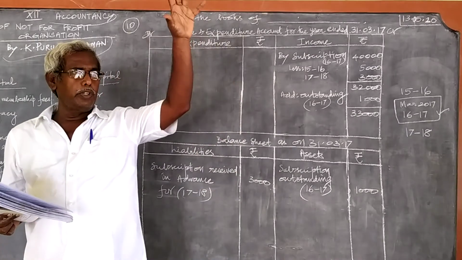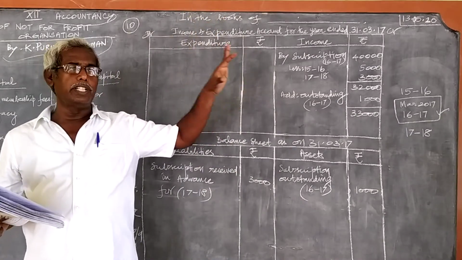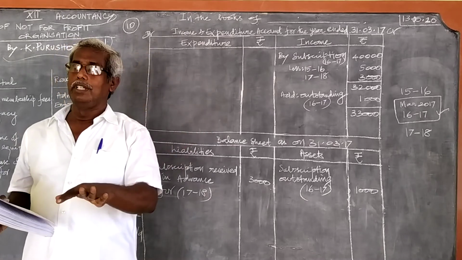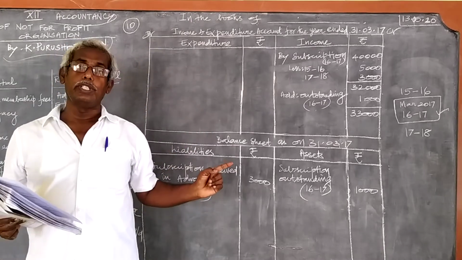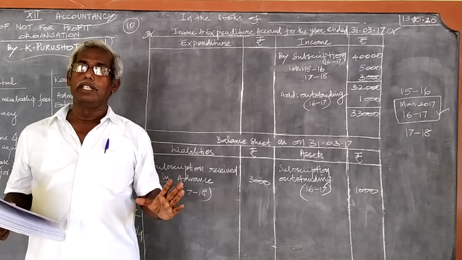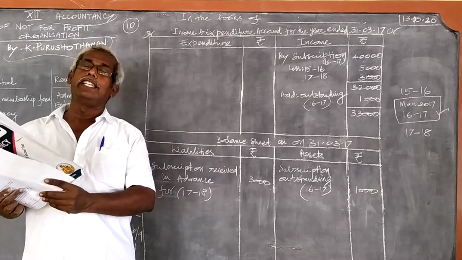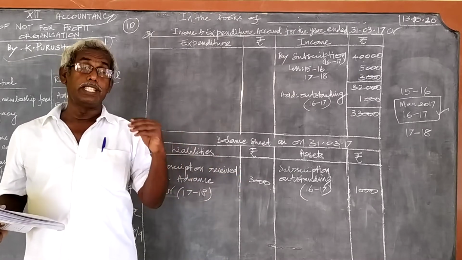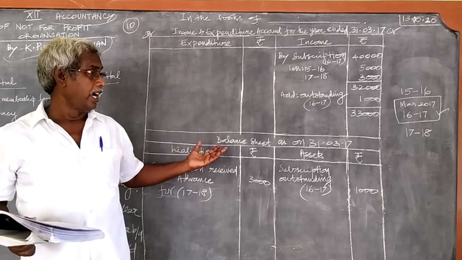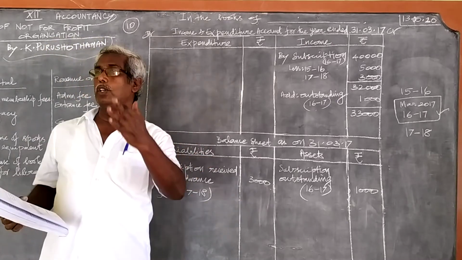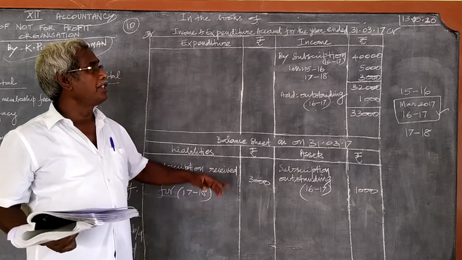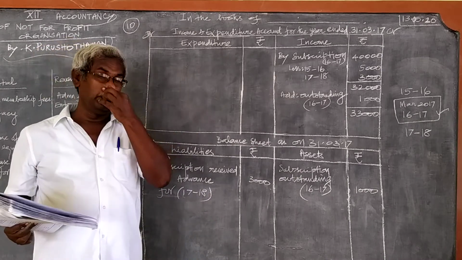It is not a full-fledged income and expenditure account, and not a full-fledged balance sheet. Only one item is shown here, that is the subscription. How will this subscription appear in the income and expenditure account? How will the same subscription appear in the balance sheet? This is our question now. So first we shall prepare the income and expenditure account.